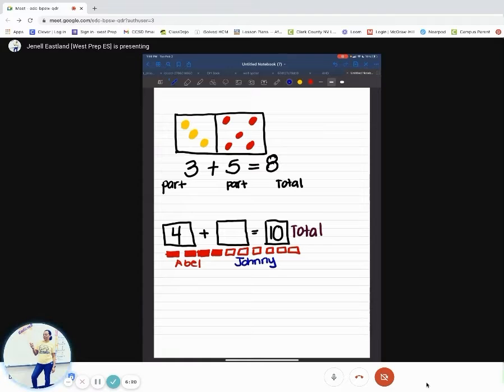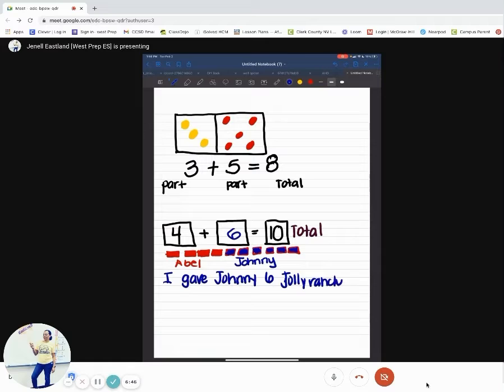So let's see if Johnny's right. 1, 2, 3, 4, 5, 6. Johnny is right. I gave Johnny 6 Jolly Ranchers, right?